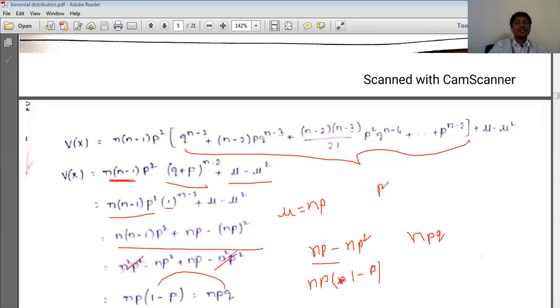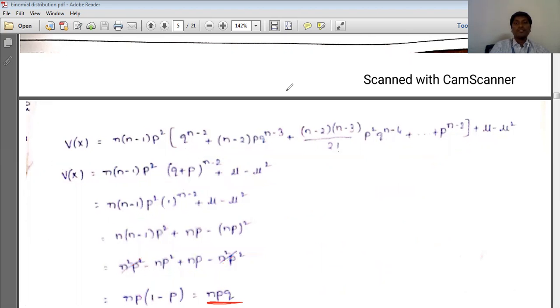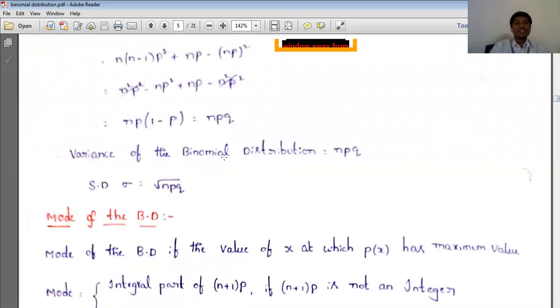Why? Because we already know that p plus q is equal to 1. So now the variance V of x is equal to npq, and that we substituted here. So the mean we calculated and the variance also we calculated: mean mu is equal to np and variance is equal to npq.